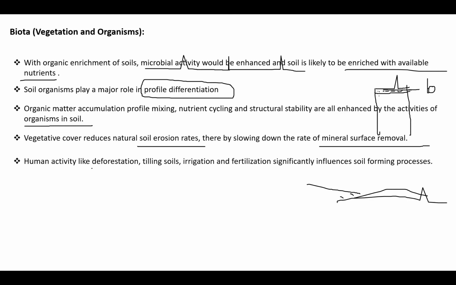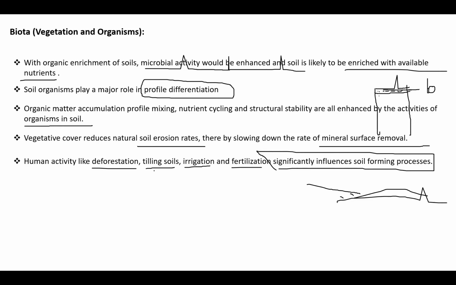Human activities like deforestation, tilling soils for agriculture, irrigation and fertilization significantly influence soil formation. What will happen during deforestation? If we cut down the forest, the microbial activity will be altered, organic matter enrichment will be slowed down, and there will be changes in soil profile development.